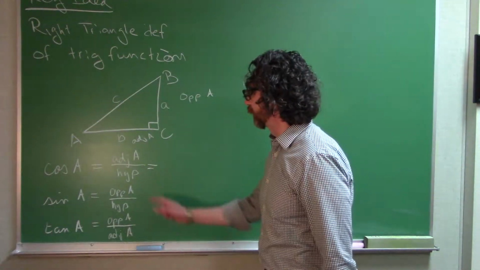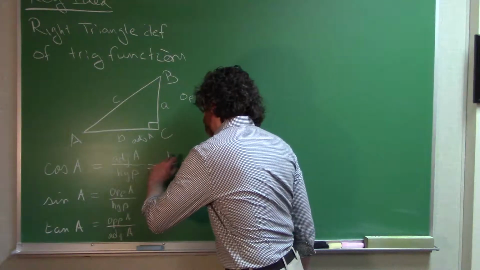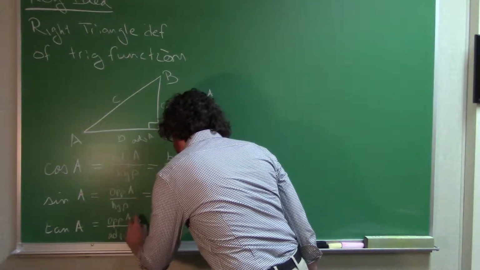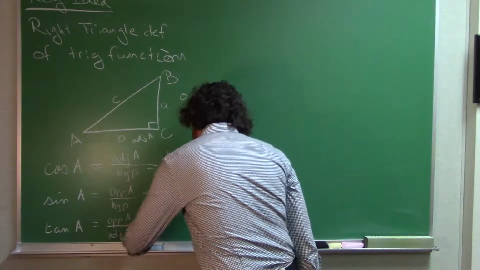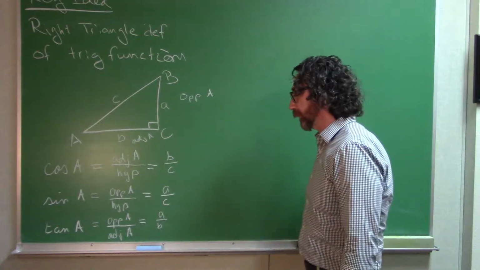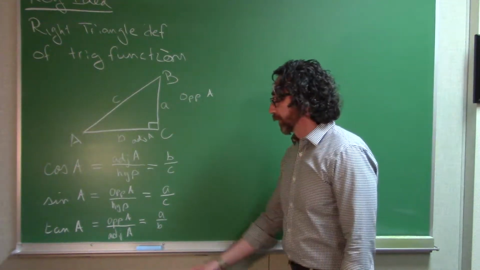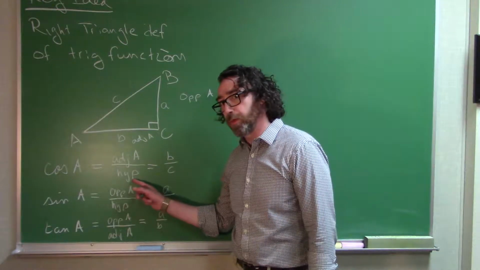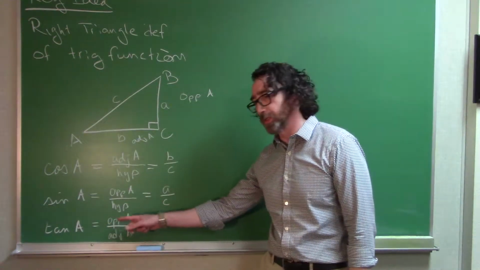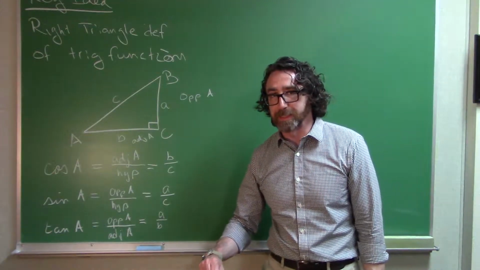If we use the letters here, this would be B over C, this would be A over C, and this would be A over B. All right? So cosine, adjacent over hypotenuse, sine, opposite over hypotenuse, tangent, opposite over adjacent.